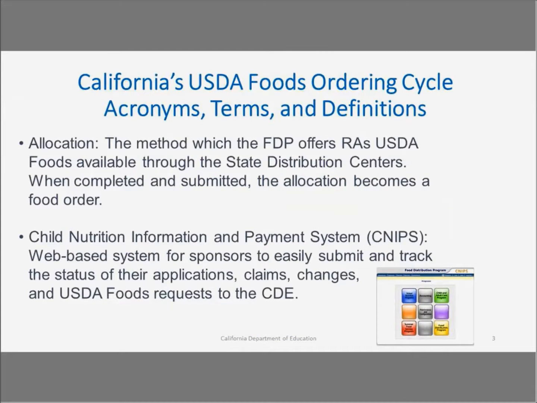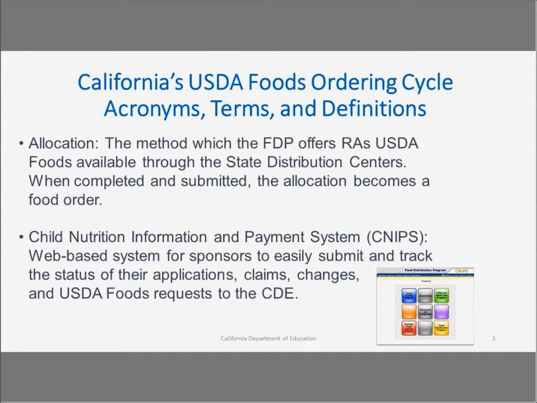Before we begin, I think it will be helpful to mention some terms I will be using today. The first is allocation. This refers to the method which the FDP offers recipient agencies USDA Foods available through the State Distribution Centers, or SDCs. When completed and submitted, the allocation becomes a food order.